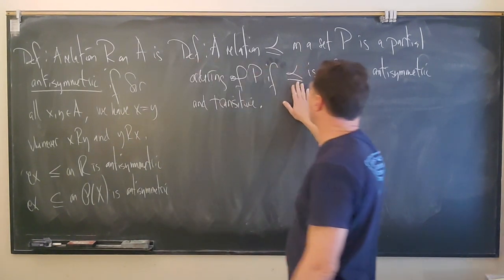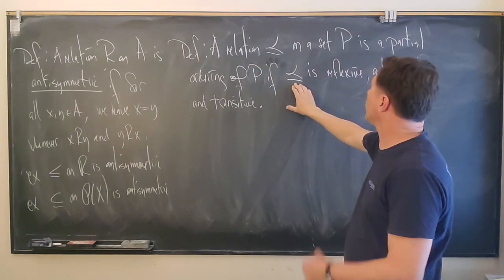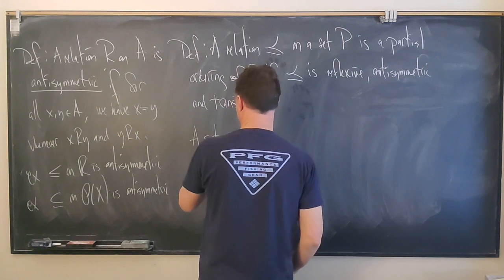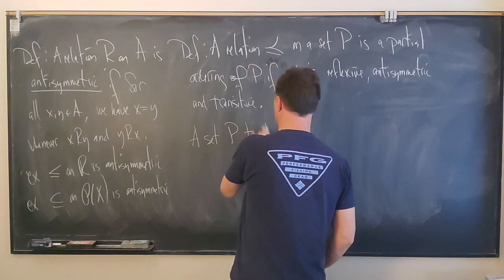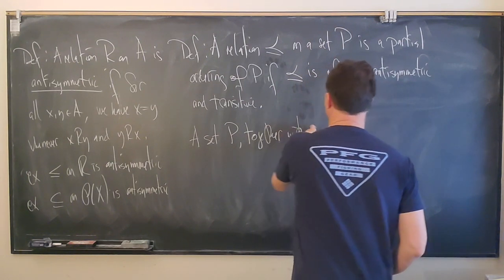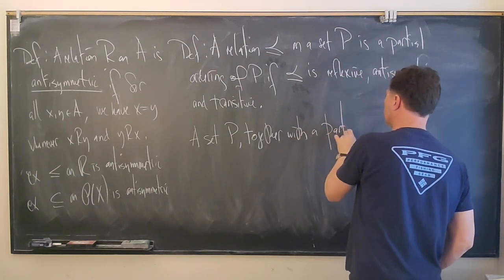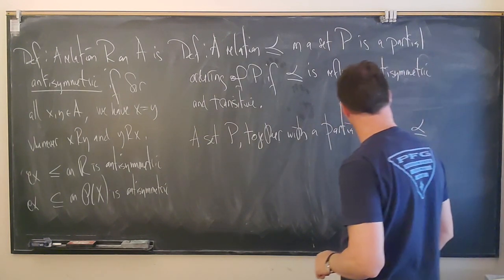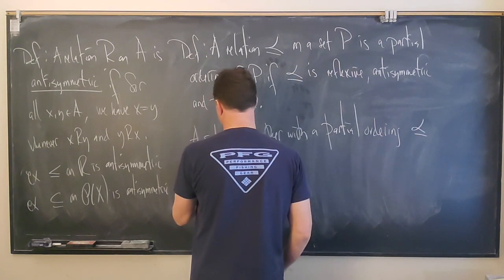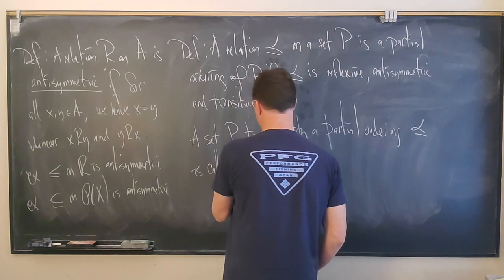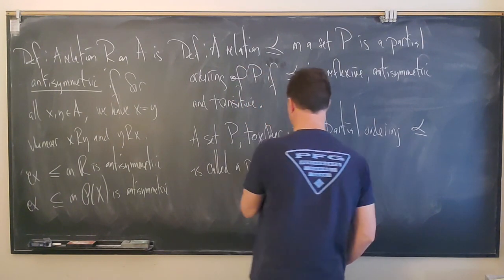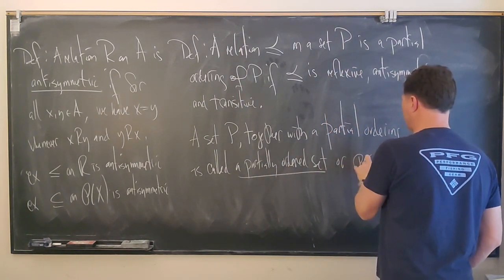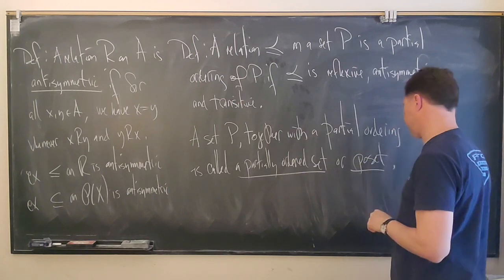If you have a set together with a partial ordering, we call that set a partially ordered set, or, and this is very common even though it's kind of a funny thing, poset.